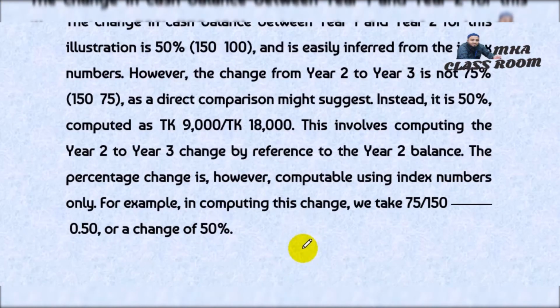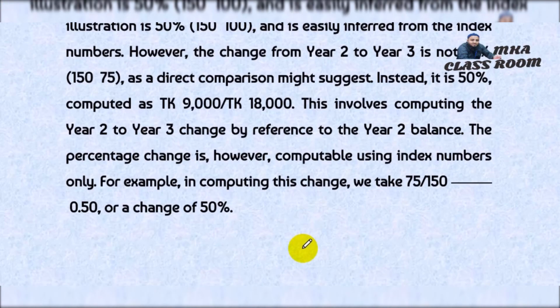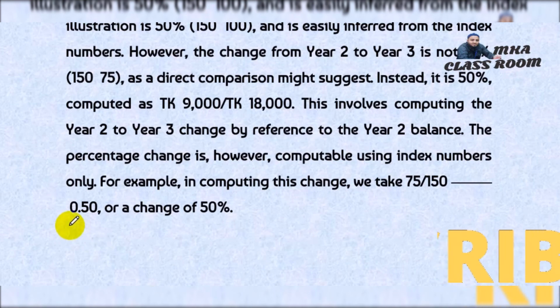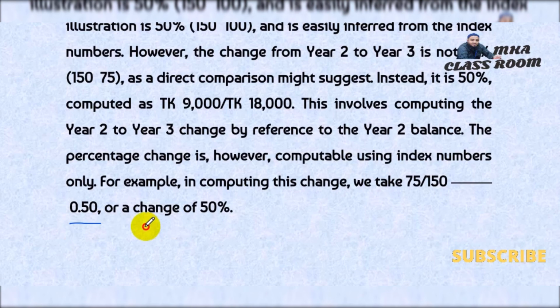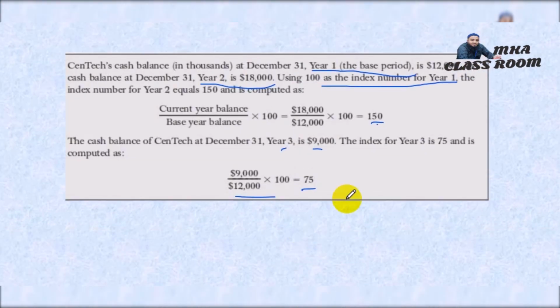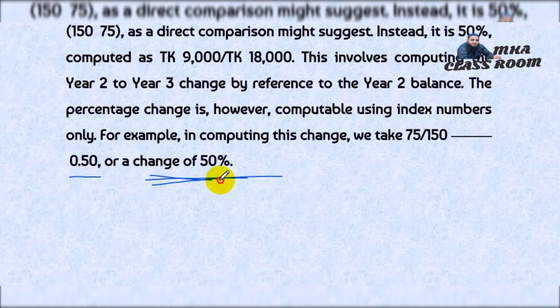For example, in computing a change, we take 75 divided by 150, which is 0.50, that is change 50%. So here you will see year 2 to 3 can be changed by 50%.